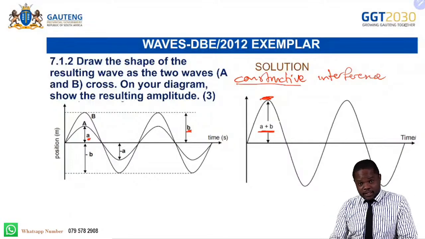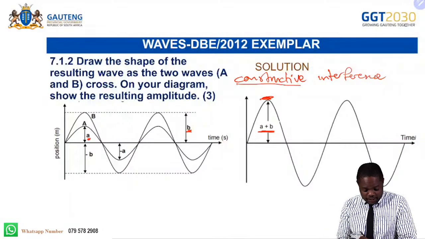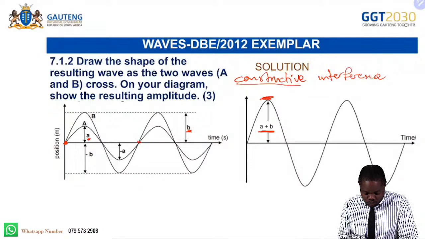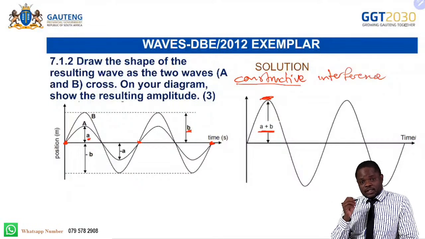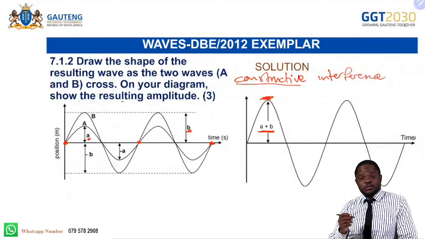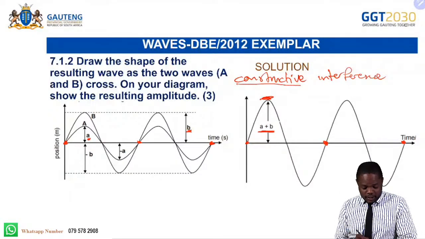What do I mean by that? Count the number of cycles. If you check there, we have got one wavelength, two wavelengths, isn't it? So check your diagram as well. It means in your sketch, you're supposed to also have two cycles, isn't it? You can count the crests there.